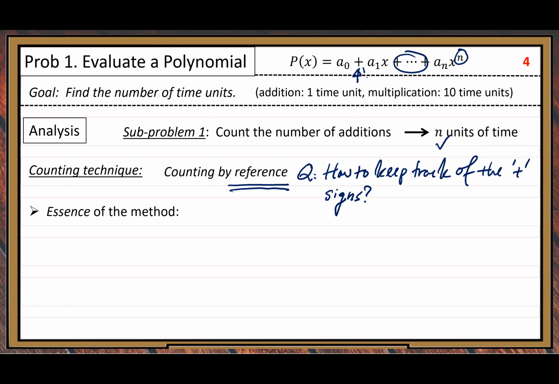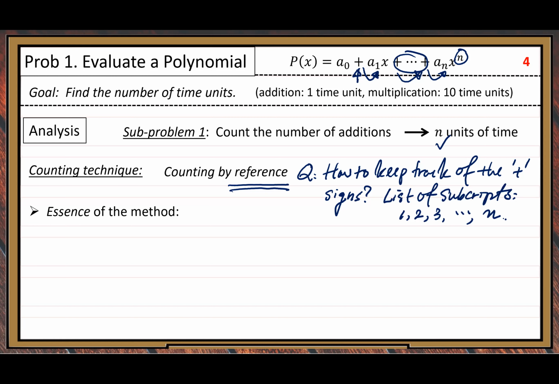The first plus sign we associate with the subscript 1, a sub 1. The second plus sign we associate with the second subscript 2, and so on. The last plus sign we associate with the last subscript n. Now we get a list of subscripts: 1, 2, 3, up to the last one, n.